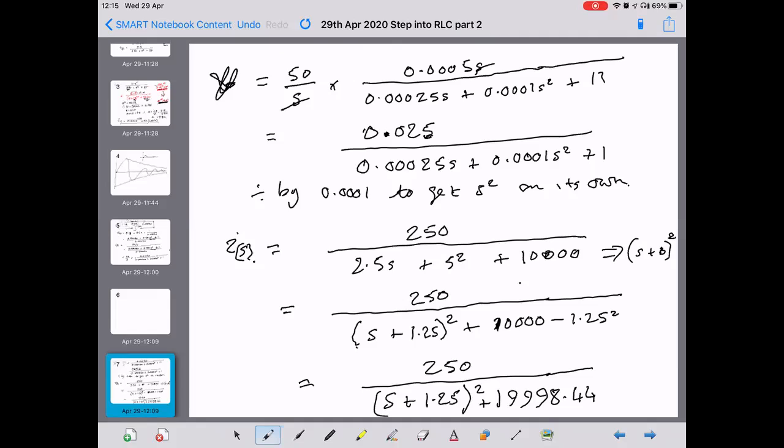Yeah, I've got a mistake in my solution. Sorry, that's my fault. So that should be 9,998.4. That one has got to come off the front, isn't it? I'll put that solution right before I give it to you.